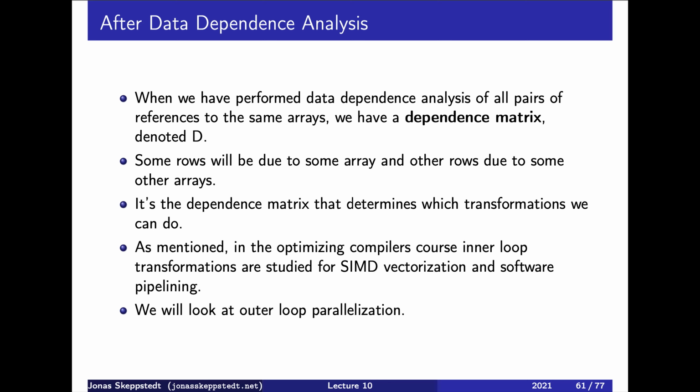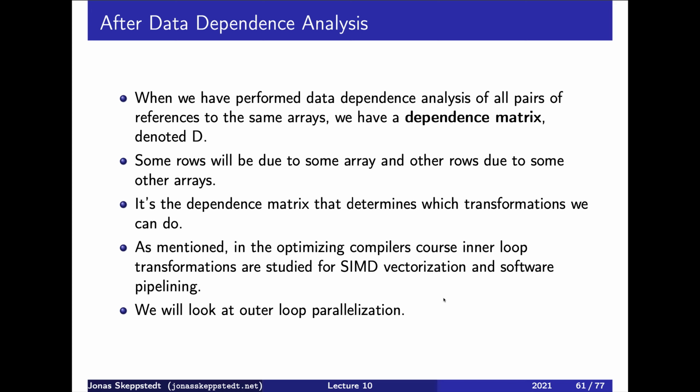We can put the rows in any order since they have no significance. So both inner and outer loop parallelization use this dependence matrix, and from the dependence matrix we want to find the first thing.